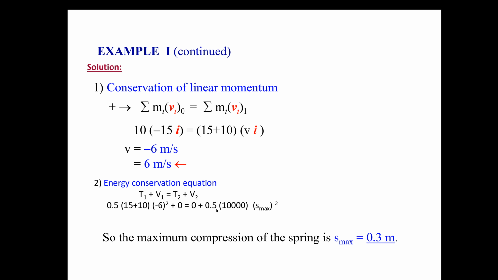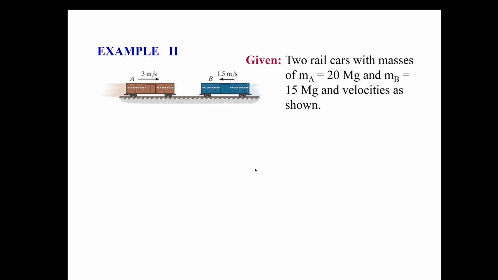So the spring term is 0.5 times the K value, 10K newtons per meter, times the S squared term, which is the displacement we're looking to solve for. You perform the calculation, solve for S max, and you get 0.3 meters. And that's the solution for that one.